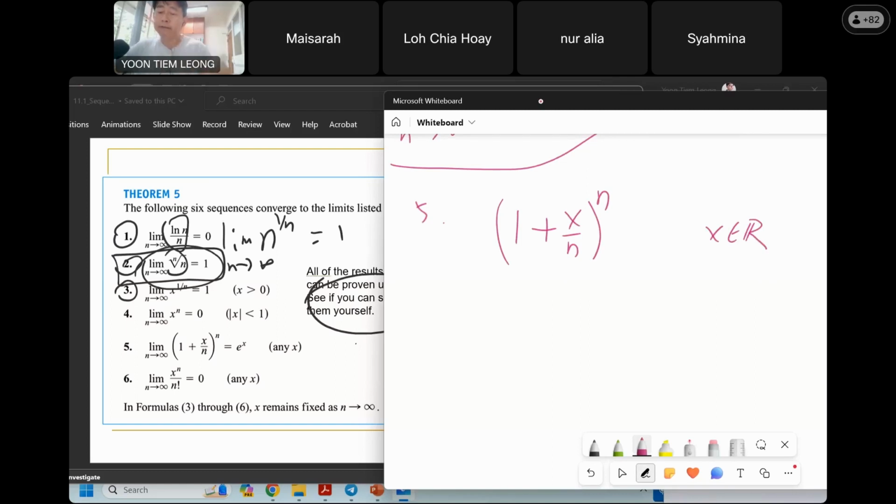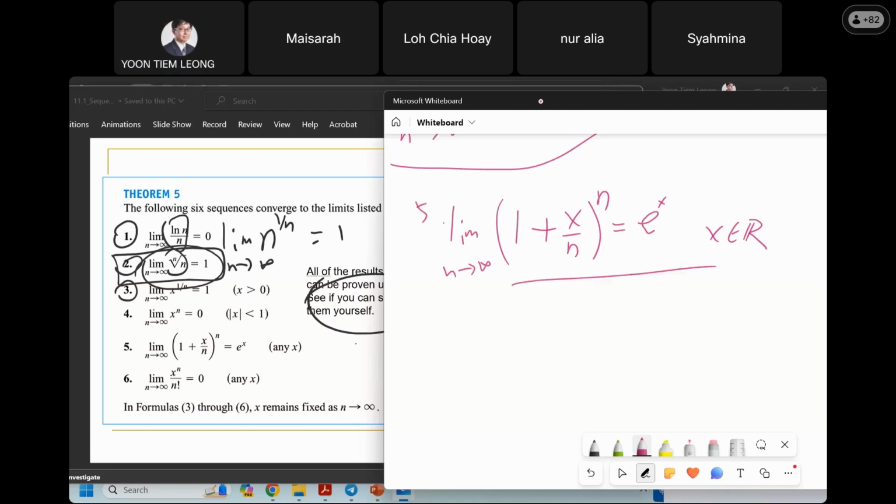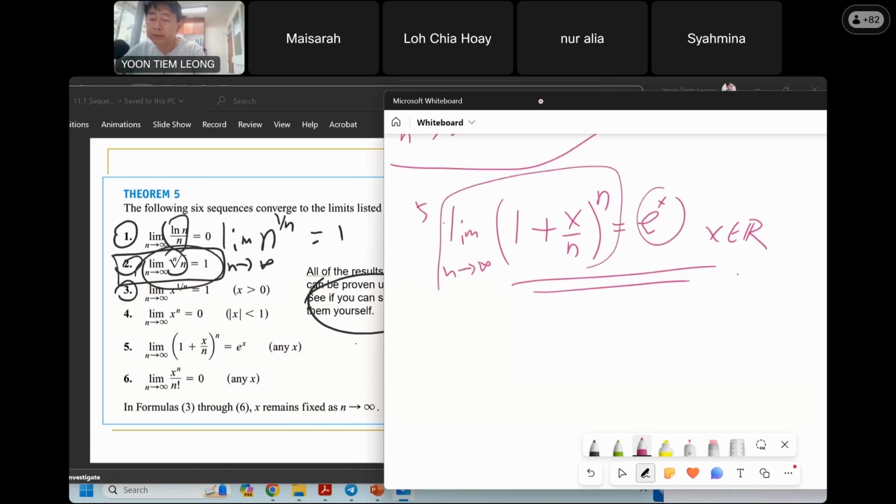The limit of 1 plus x over n raised to the power of n, when n goes to infinity, is the natural number e raised to the power of x. This is a very, very important result. You can try to prove it yourself, or maybe we will come back to this point later on. But anyway, e to the power of x is just the limit of the sequence 1 plus x over n raised to the power of n.